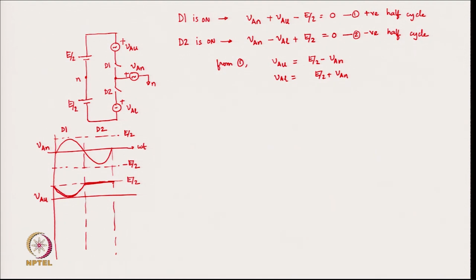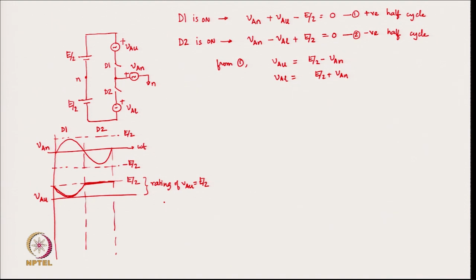Okay. So, this is the waveform of VAU, and you can clearly see that the rating of VAU is equal to E by 2, which is half that of the conventional MMC.